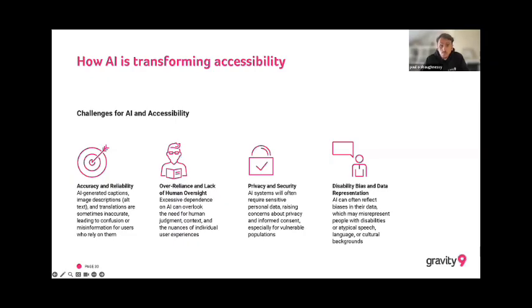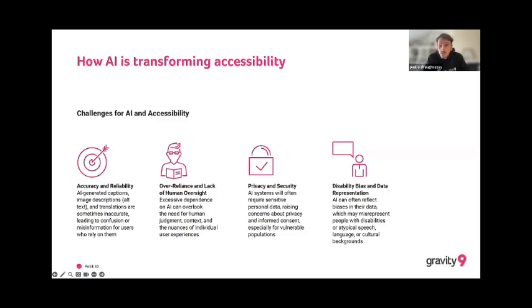And then finally, we have the real big issue of disability bias. AI systems are only as good as the data they're trained with. If the training data lacks diversity, AI models might not work effectively for all users, potentially excluding certain groups.